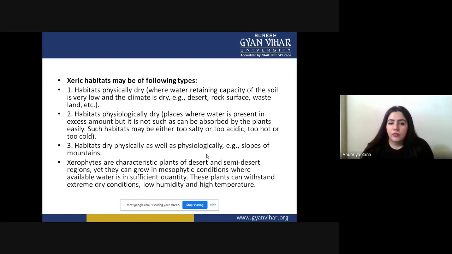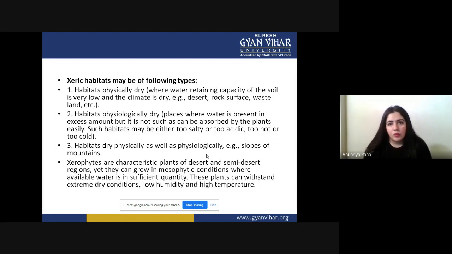Next are habitats that are physiologically dry. Here water is present in excess amount, but it cannot be absorbed by the plant easily. Such habitats may be too salty, too acidic, too hot or too cold. If you talk about a glacier, there is a lot of water, but it is in the form of ice, so icy water cannot be utilized by the plant.